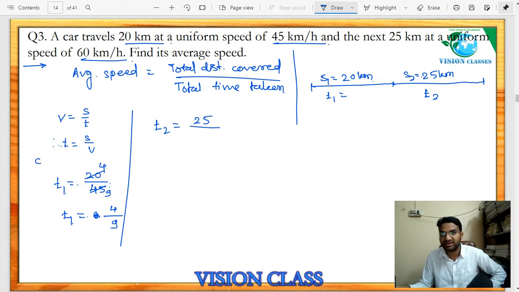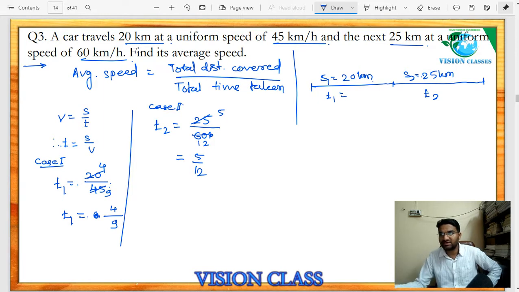Case 1 and case 2. Case 2 is 25 kilometers at a uniform speed of 60 kilometers per hour. So again 5 5s are 25, right? And 5 2s are 10, 5 12s are 60. So it's 5 over 12.